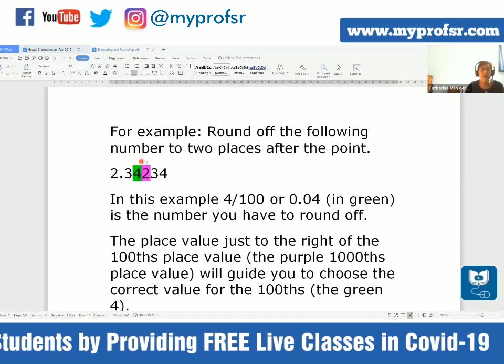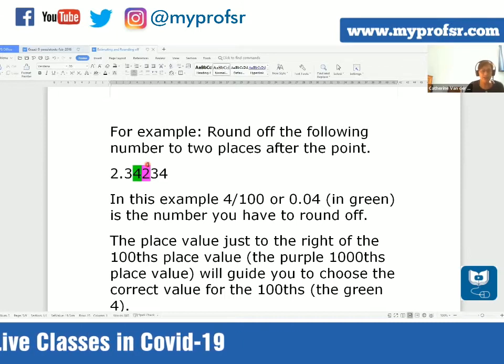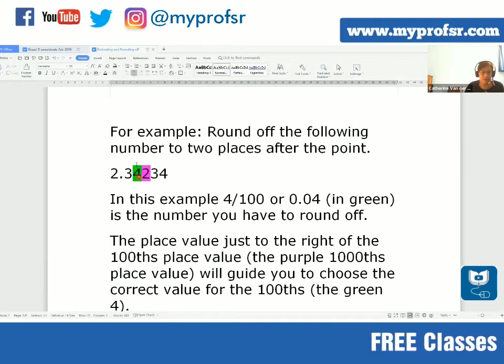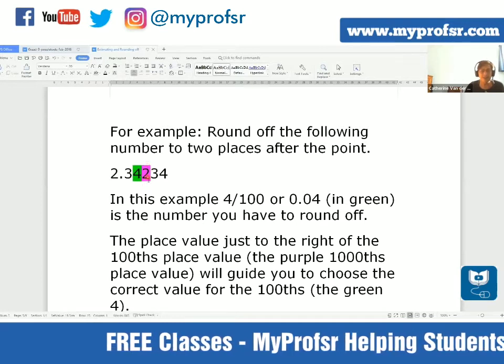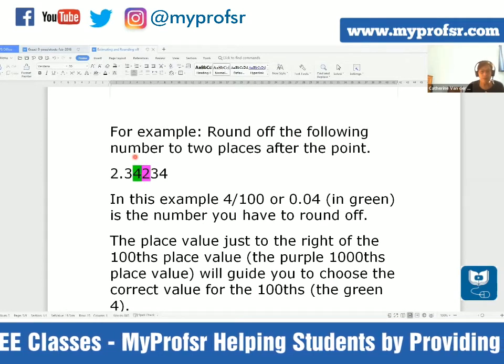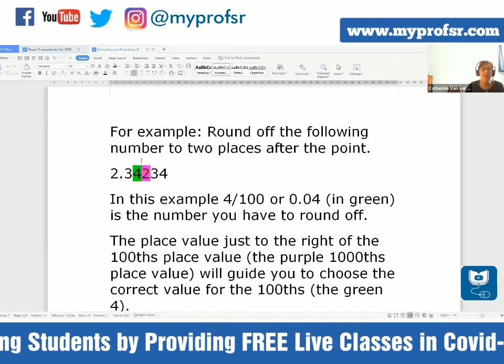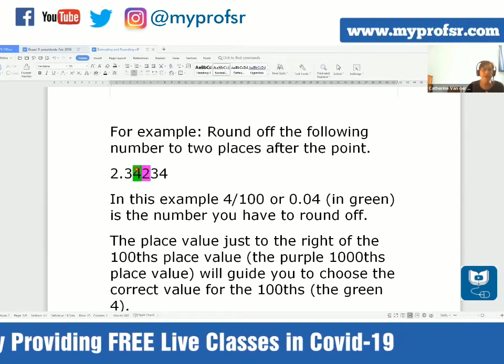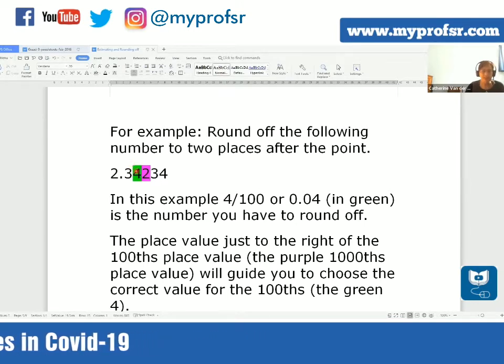We're going to look at the place value just to the right of the hundredths place value. This is the hundredths place value, and this is the thousandths place value. And this one is going to guide you to see whether the 4 has to become 5 or whether it has to stay a 4.